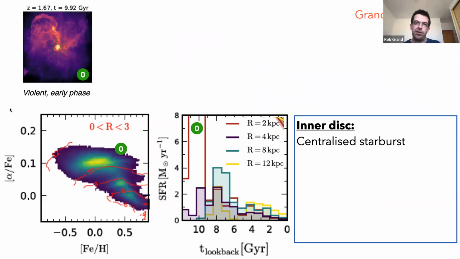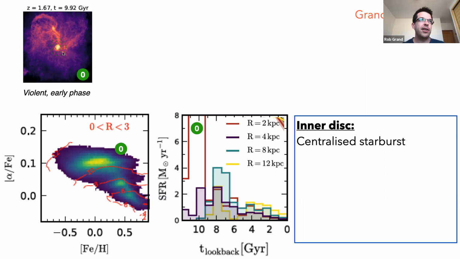Looking into our simulations, we tried to reproduce this sort of qualitative feature, and we did find a case that matched this. It gave us some insight into a fairly peculiar formation history of this bimodality.